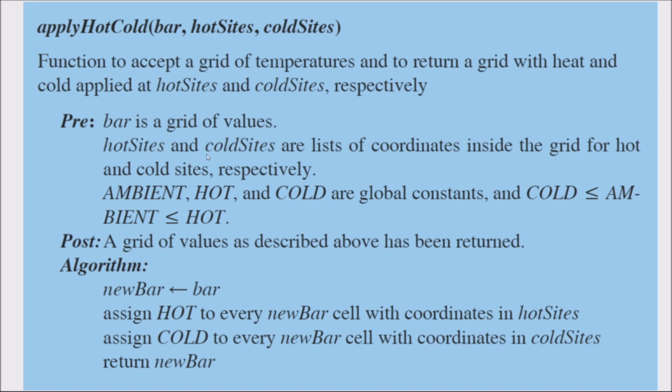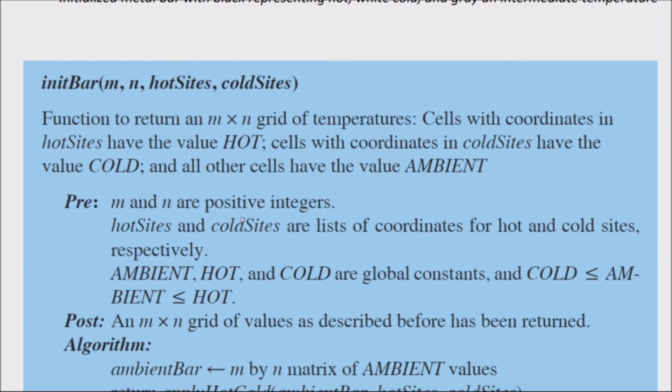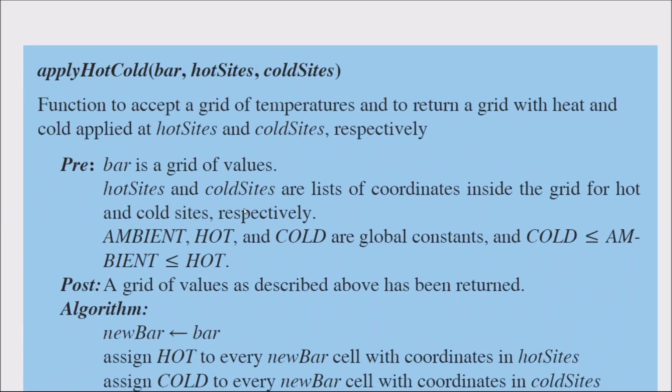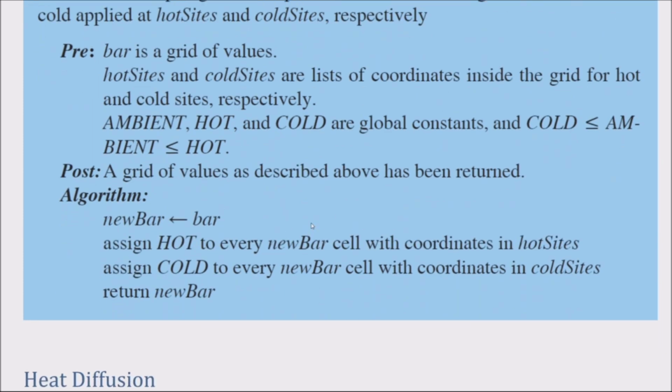Of course we have to maintain the order, the same thing that we were talking about in the previous part on the initialization. And after that we say the grid of values described above has been returned. So that is what we are returning, the whole bar.